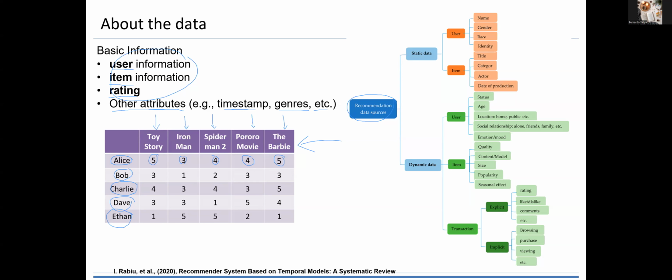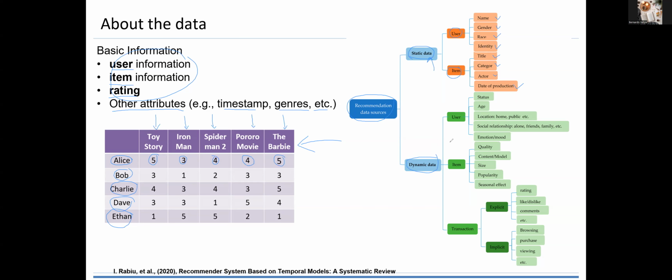In recommender system data, there might be two kinds of data, static data and dynamic data. Static data is related to the user and item, such as name, gender, maybe the race or identity. For the item, it might be related to the title, the category, actor, or production date.